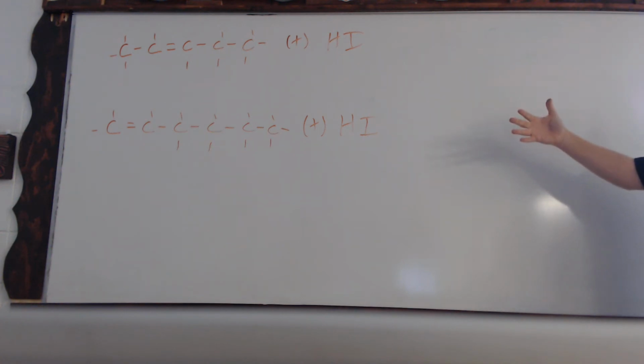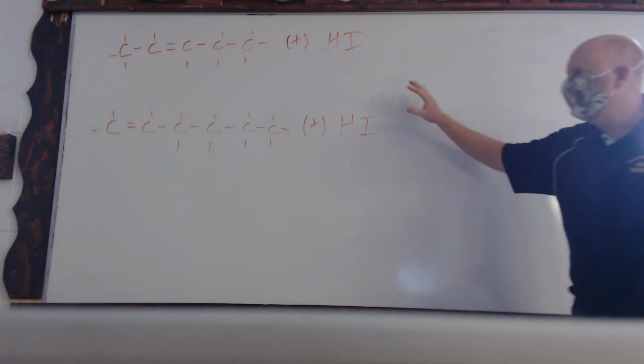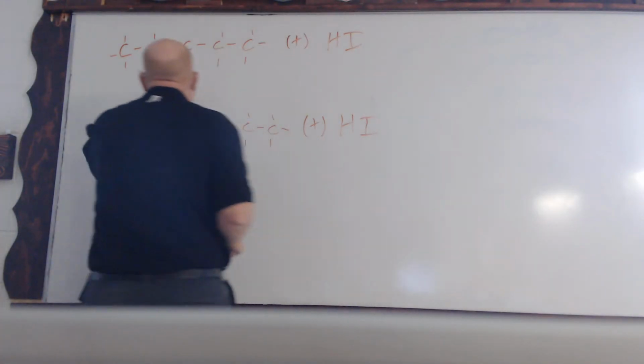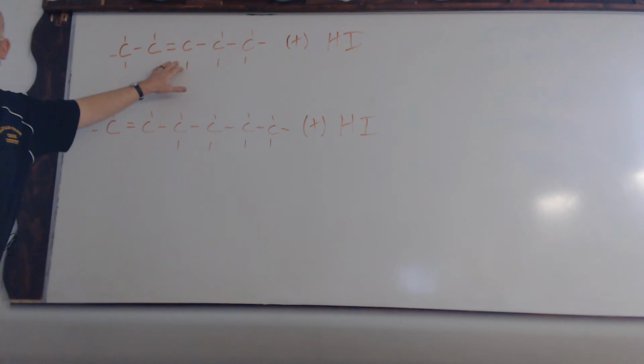But which one? This one has a major and a minor product. Okay? If it's symmetrical, you don't have to have a major and a minor. That is correct with this one here. Okay? And you do get two products, but they just form in equal amounts.